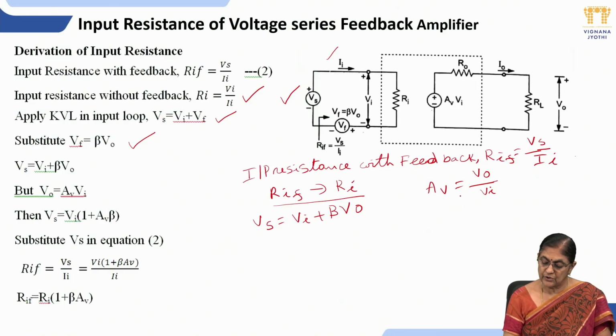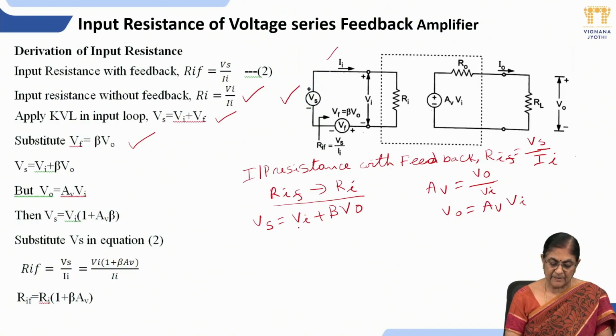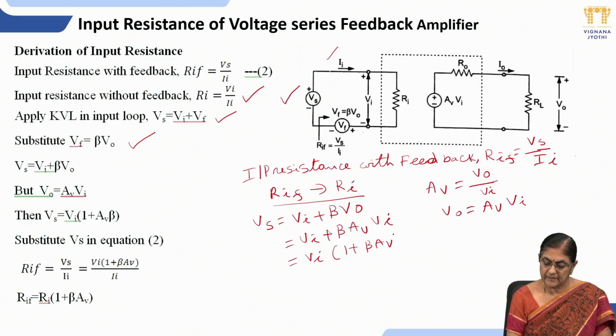V0 is equals to AV into Vi. Substitute V0 in the expression of Vs. Then what did you get? Vi plus beta AV into Vi. And then take Vi as common, Vi into 1 plus beta AV.